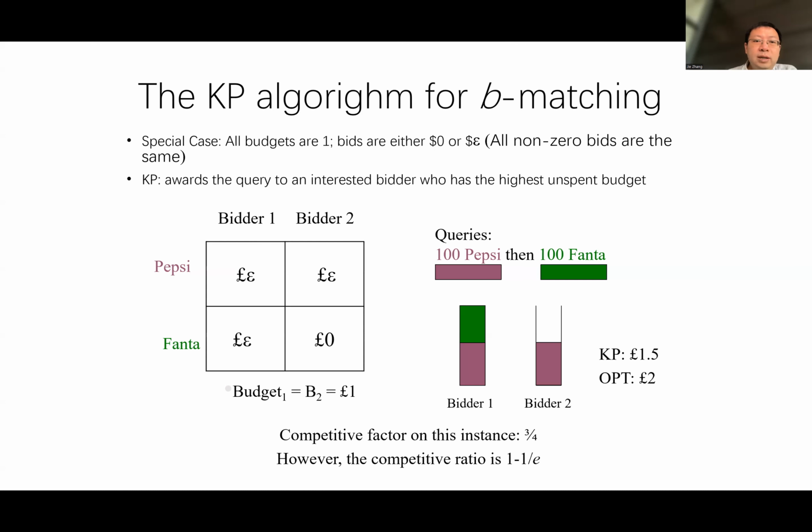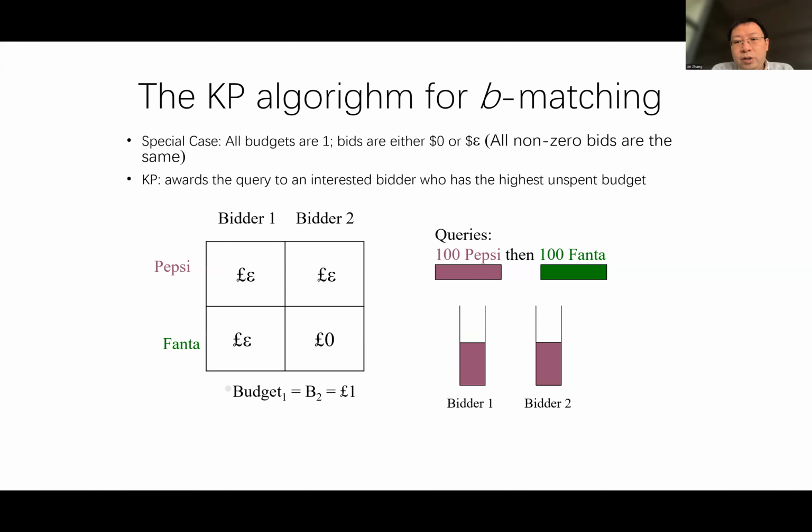Okay, so what we learned here, and the intuition, is that when the search engine decides to display an advertiser's advertisement, it also needs to take the remaining budget of these advertisers into consideration.